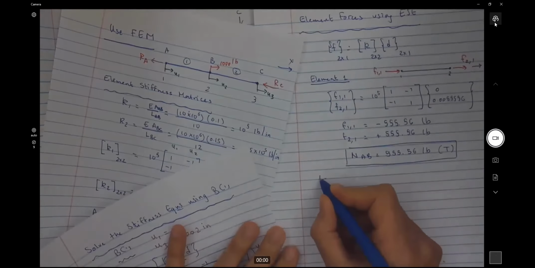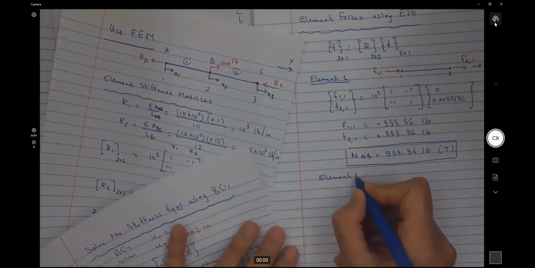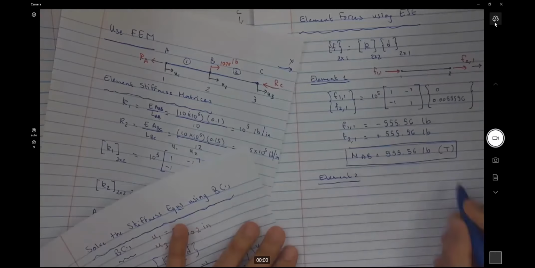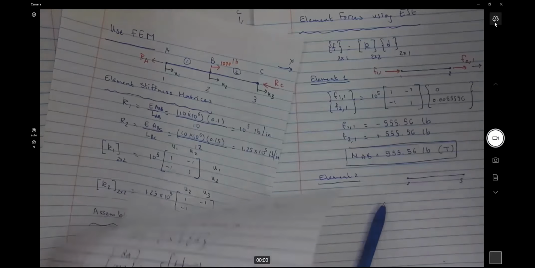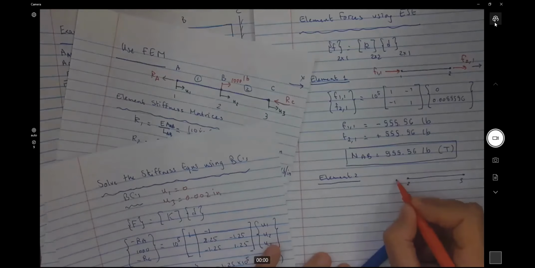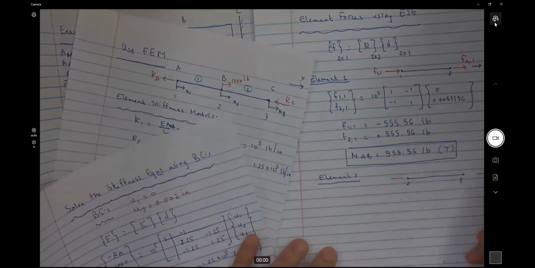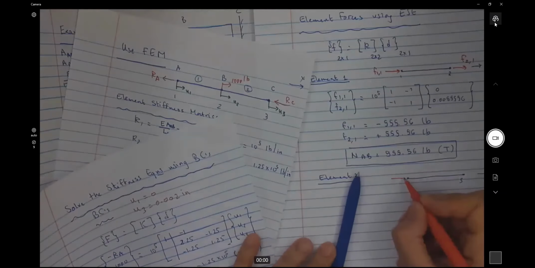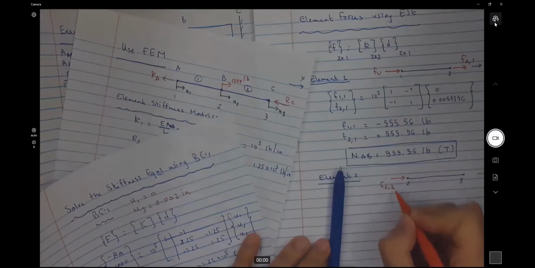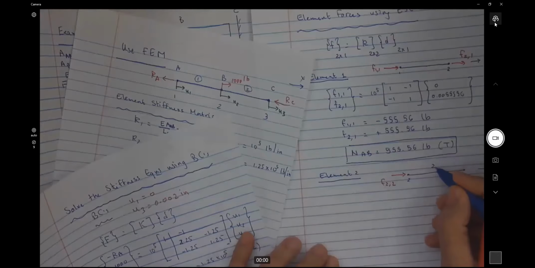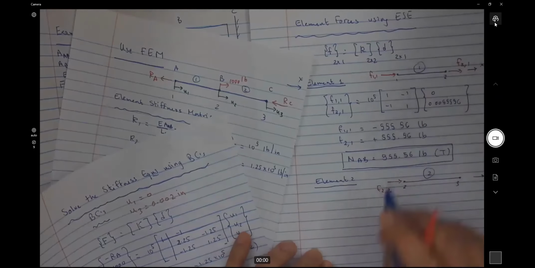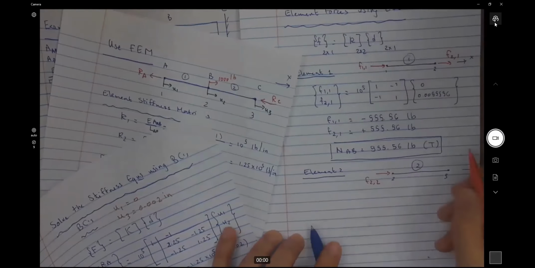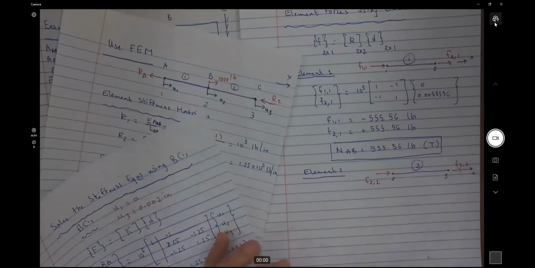Next, we can go to element 2. And again, we can show element 2 as extending between 2 and 3. The element forces, this is my positive X direction. So here I would have an F2 as it applies to element 2. This was 1. And an F3, 2 at node 3.